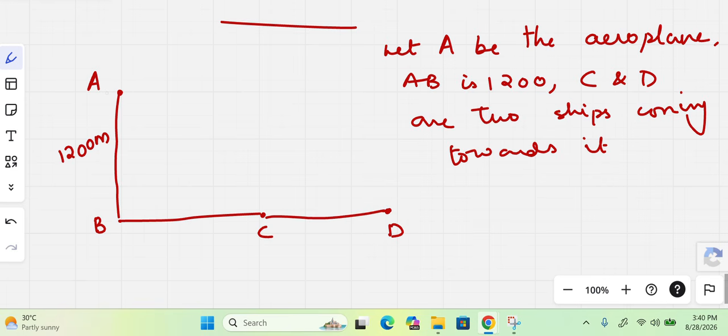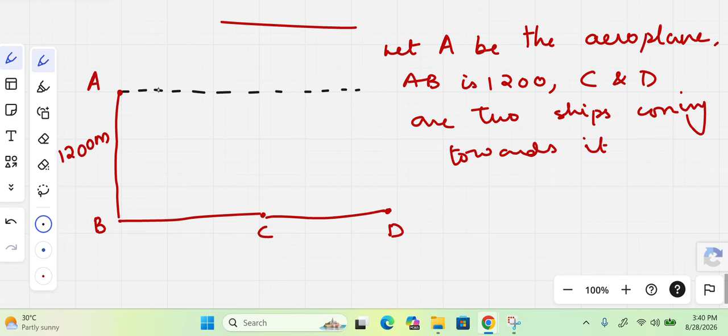Now what is the angle of depression? Depression means first there will be a line parallel to the ground, right? Then I'll make my eyelid go down a little bit. What angle is this? Oh, this is 30 degrees.